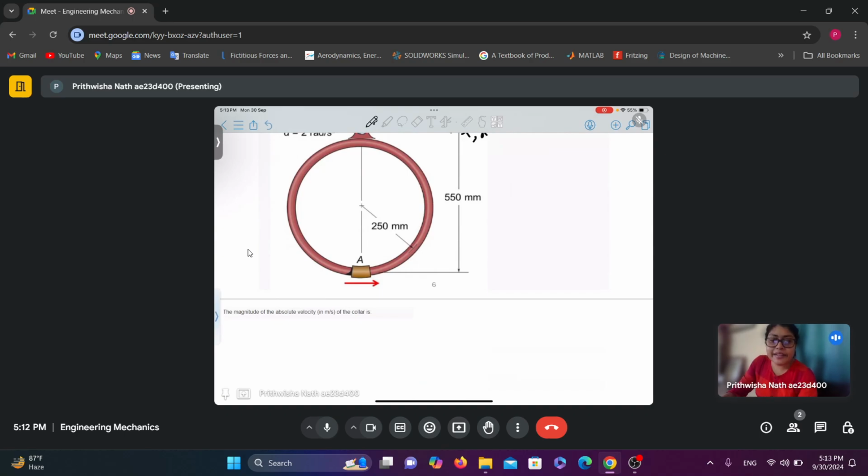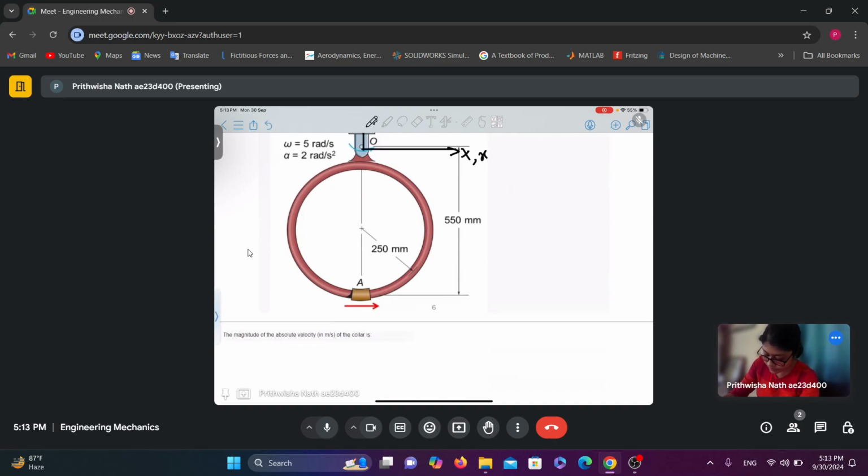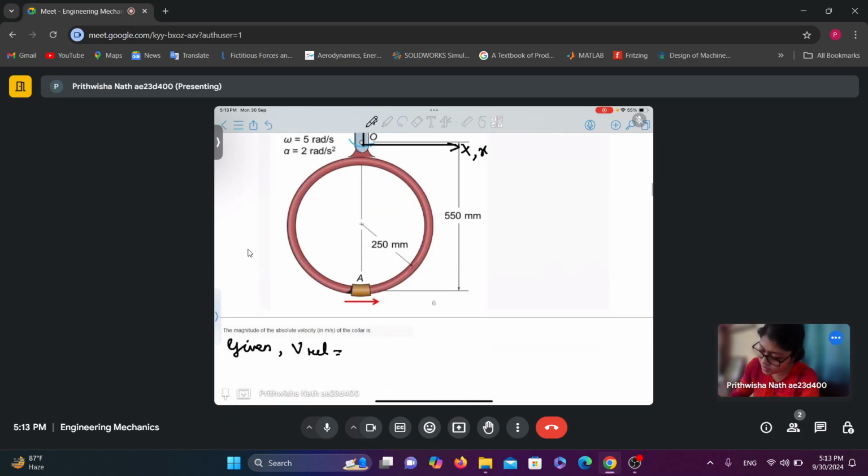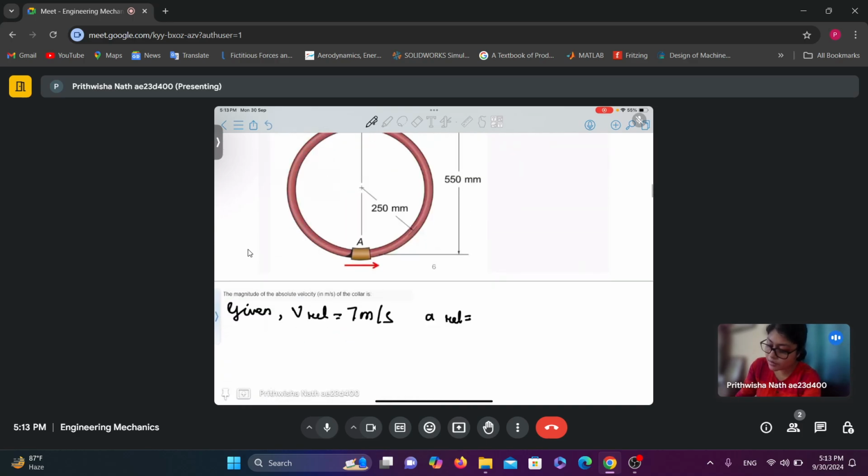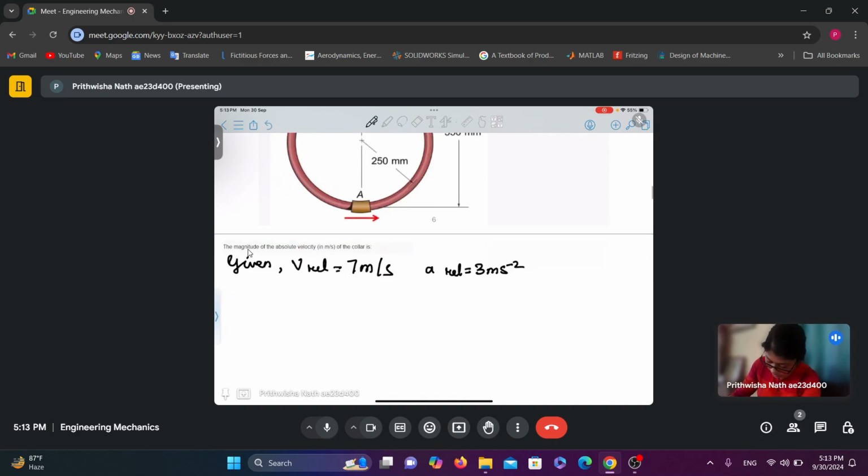So what is the magnitude of the absolute velocity of the collar? Now what is given in the problem? Given v relative is 7 meter per second, a relative is 3 meter per second square. Now I'll just write down the formula.